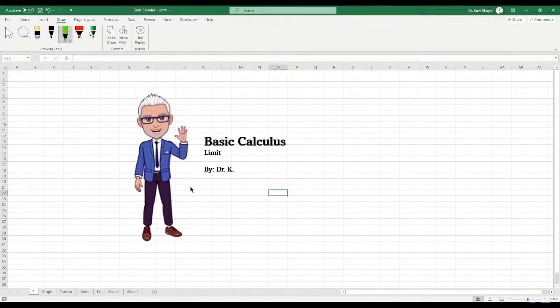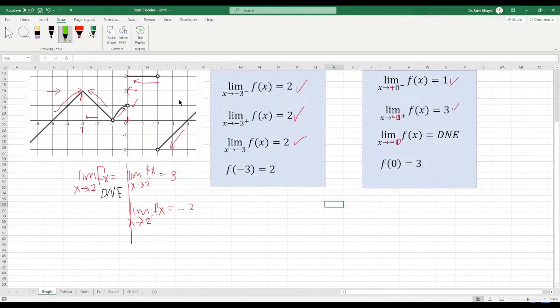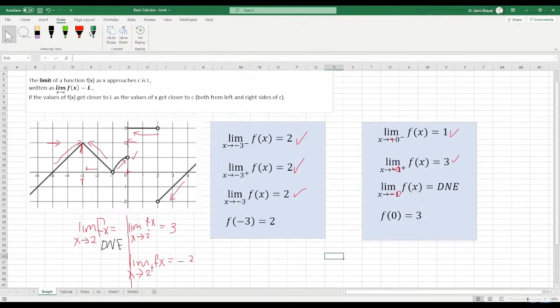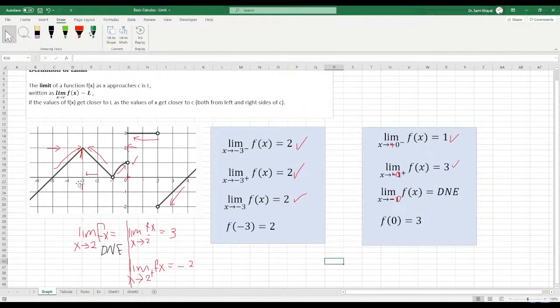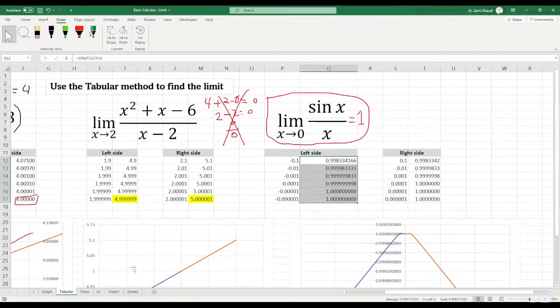Now, to summarize what we have here. Today we talked about basic calculus, we talked about the limit. We discussed the graph, how you find the limit from a graph, and then also we talked about the tabular method.